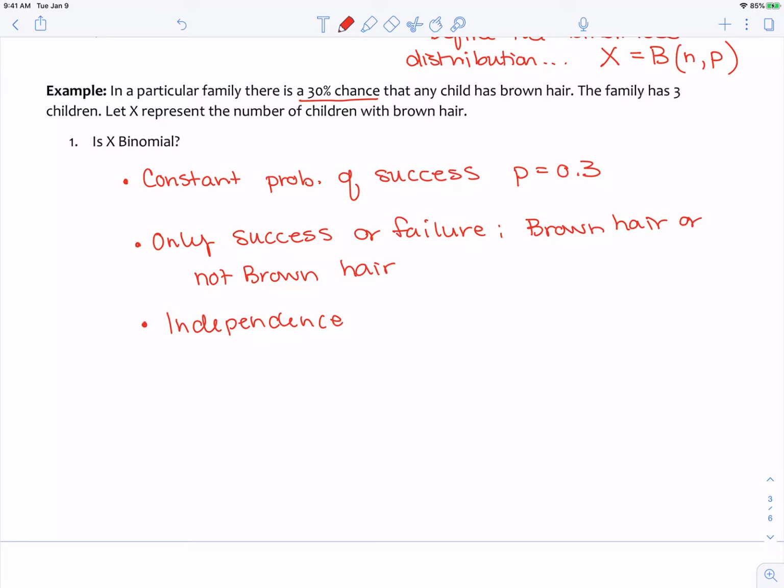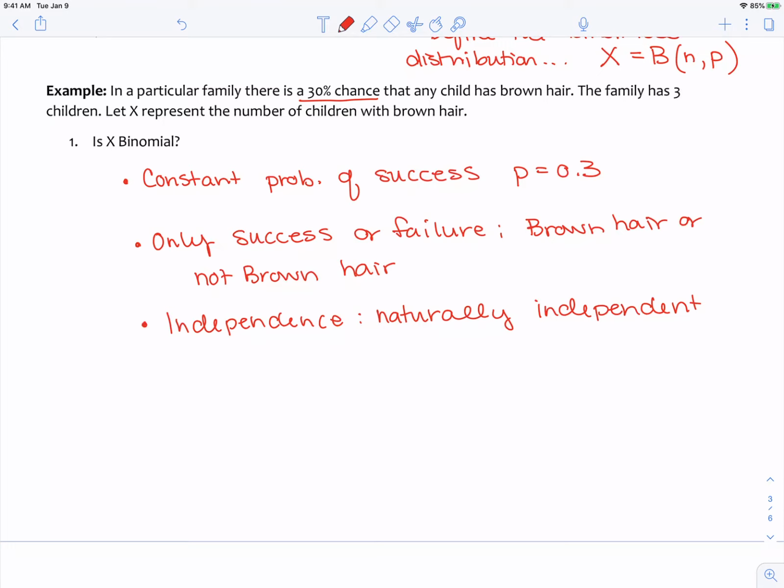There are 3 children, but this is not a fixed number of children possible, so this is more of a natural independence situation because we're not drawing from a population. So we'll say this is naturally independent. Whether or not you have 1 kid with brown hair does not change the probability that your next child is going to have brown hair.